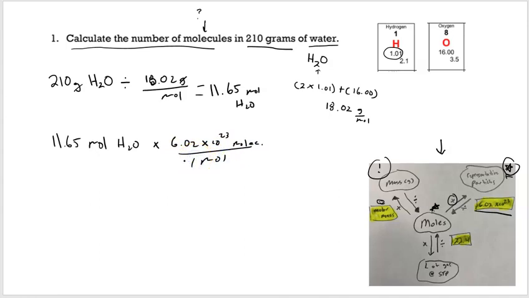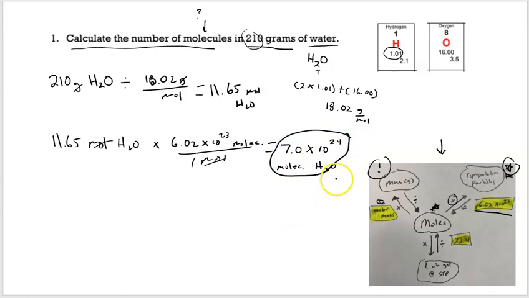That cancels out my moles, and gives me a final value of, if I round with sig figs, because 210 only has 2 sig figs, 7.0 times 10 to the 24th molecules of H2O.